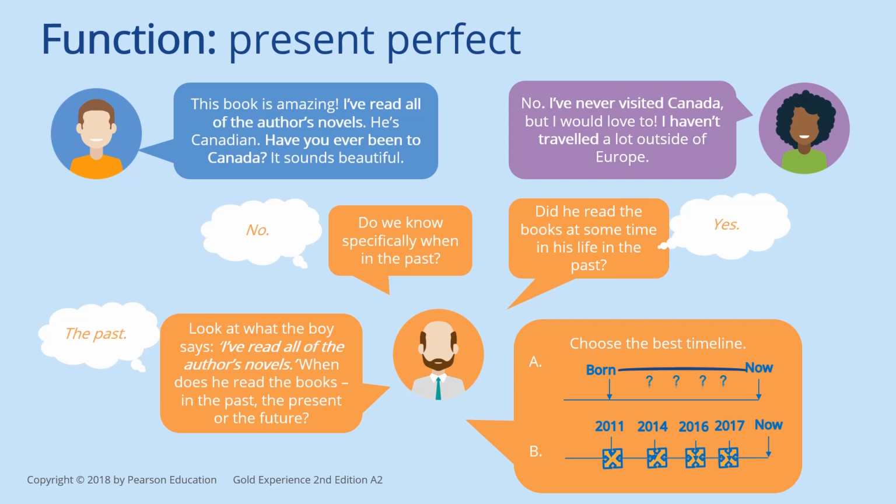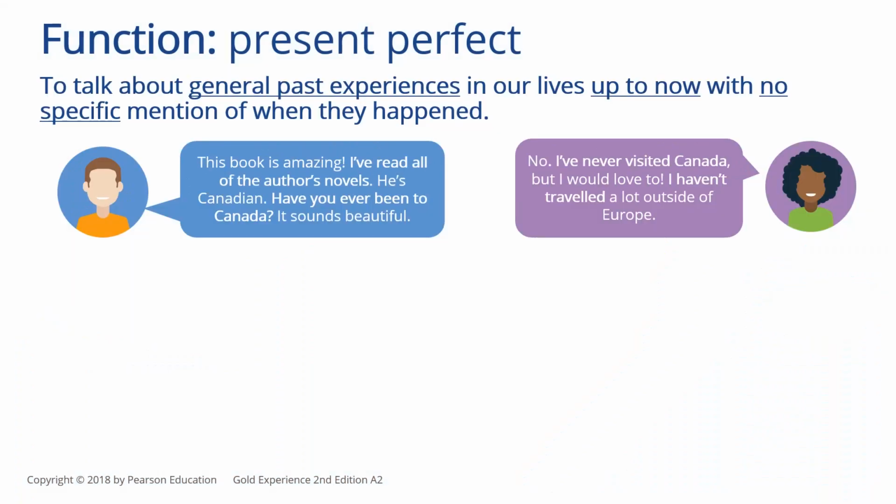Choose the best timeline, A or B. Timeline A definitely describes this situation better. We use the present perfect to talk about general past experiences in our lives up to now, with no specific mention of when they happened.